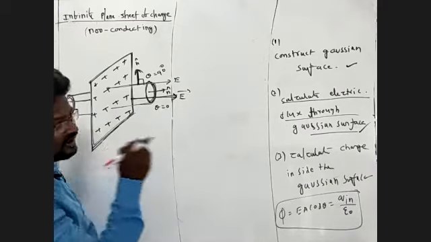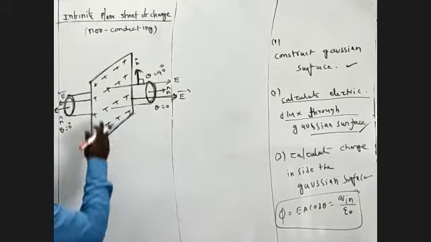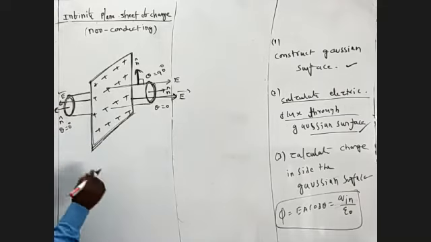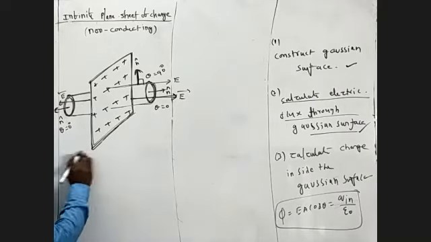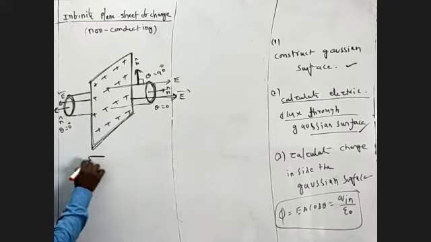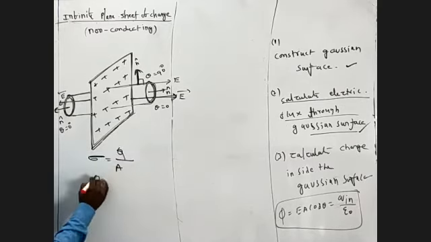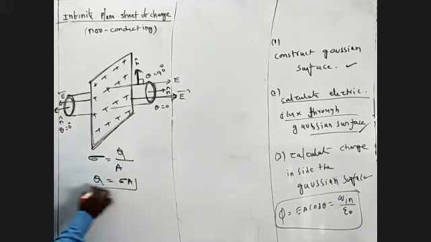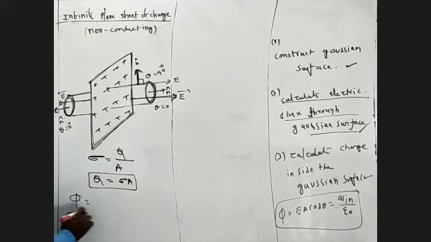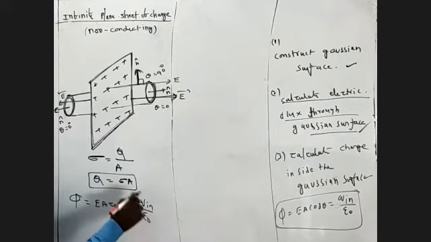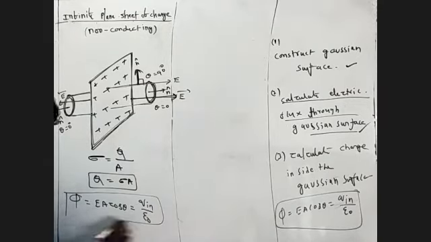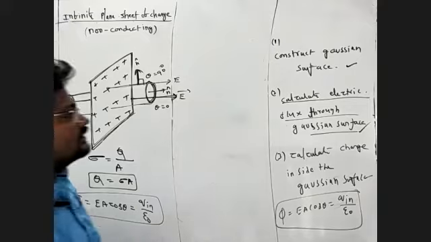Now, how can we calculate it? The surface charge density sigma equals total charge by area, so Q is equal to sigma A. Then phi equals EA cos theta equals Q enclosed by epsilon. We are going to calculate the electric flux.